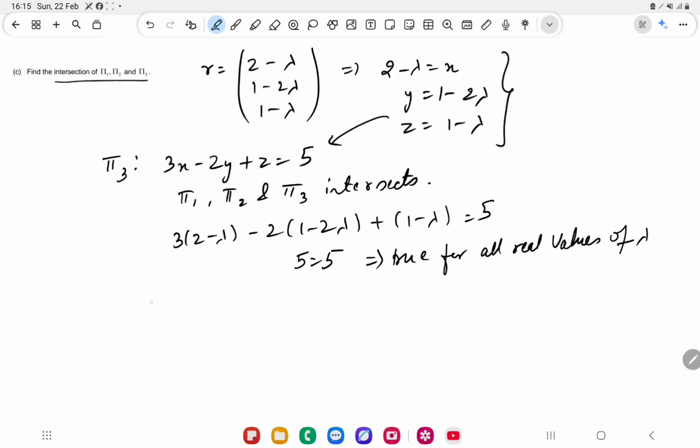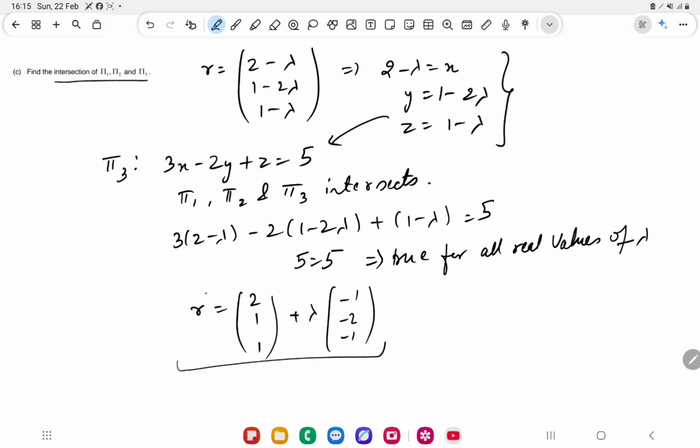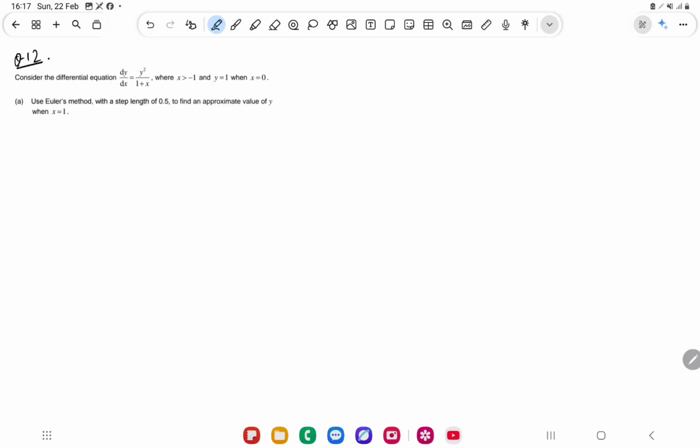So they all intersect at a line which is given as (2, 1, 1) plus lambda times (-1, -2, -1). So this is how I'll solve this. Now let's move to the next question.